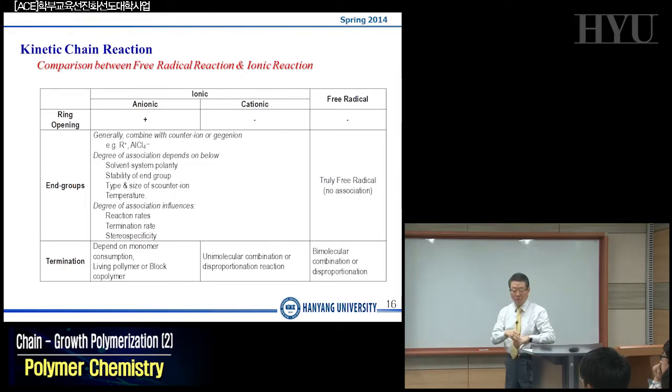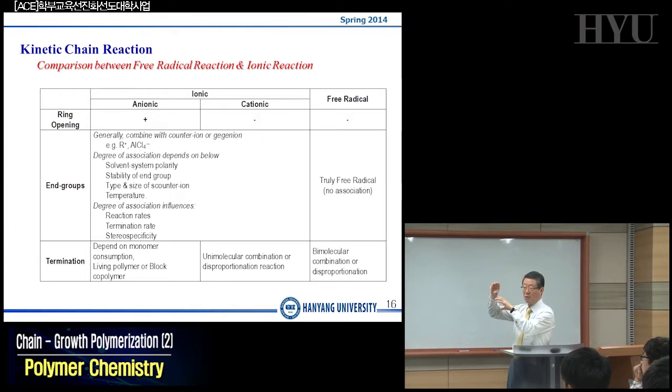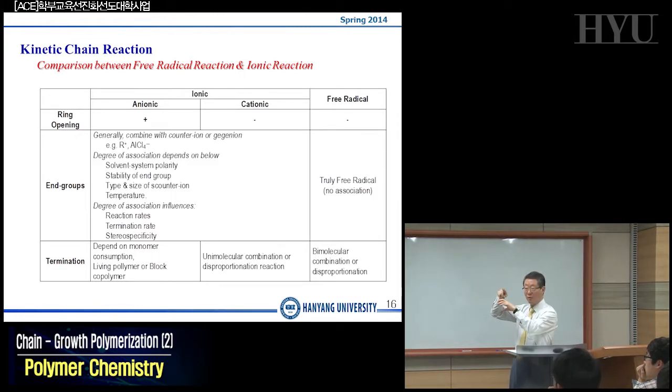So the strength between the positively charged ion and the counter ion, or Gegen ion, whatever you call it, is very important. The strength is very important between the positively charged chain end and the Gegen ion.